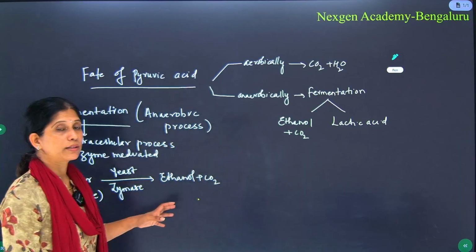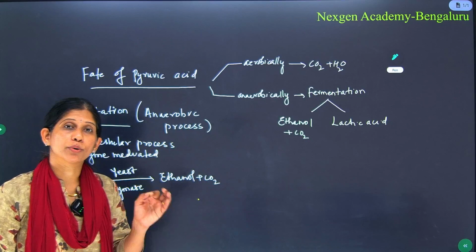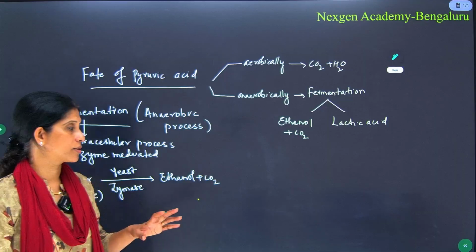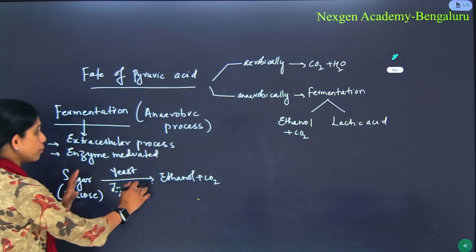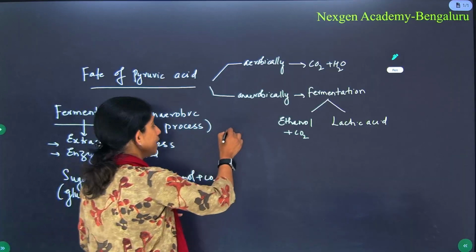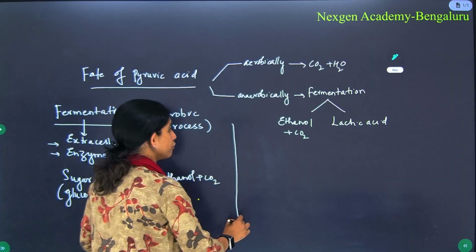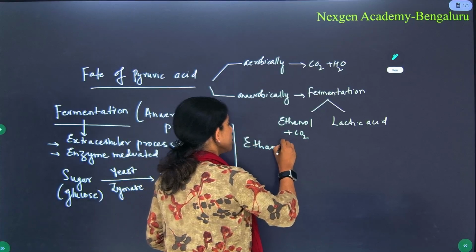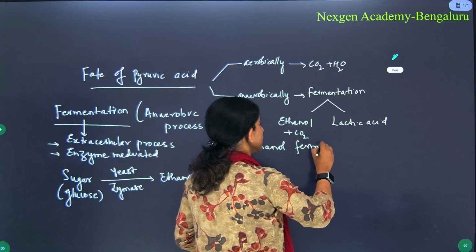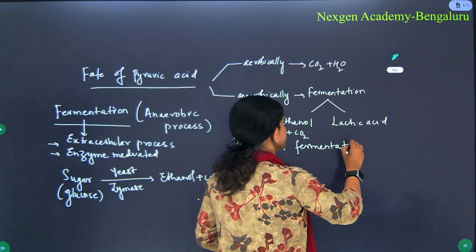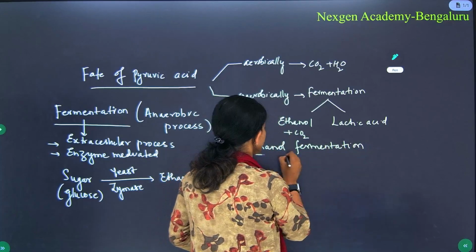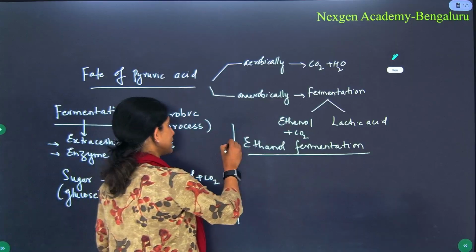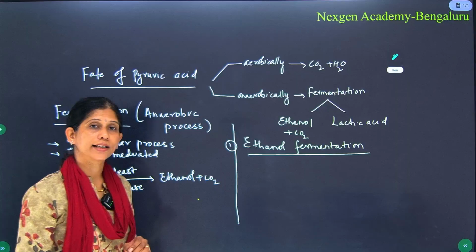As we know, the first primary step of both aerobic and anaerobic respiration is glycolysis. So here also, when we talk about the formation of alcohol, we first talk about ethanol fermentation, the first fermentation given in our textbook.